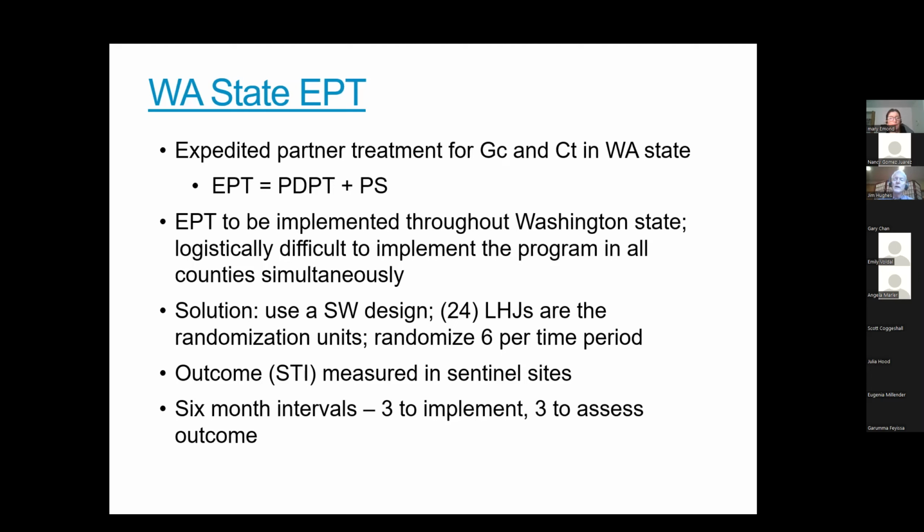So an alternative is to actually give the index patient drugs, or in this case, vouchers for drugs to give to their partners. So patient-delivered partner therapy involved giving the original index patients a voucher that they could give to their partner that could be taken to essentially any Walgreens or Walmart drugstore.